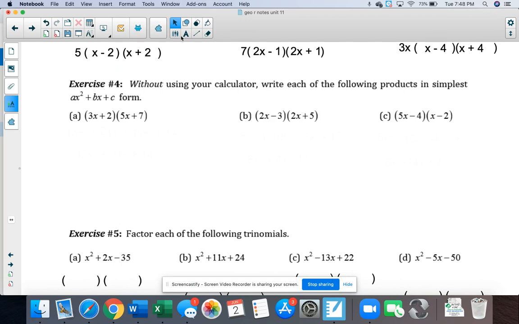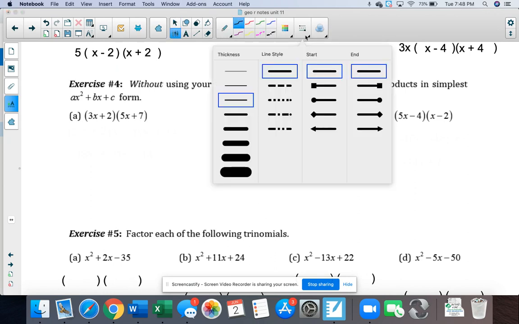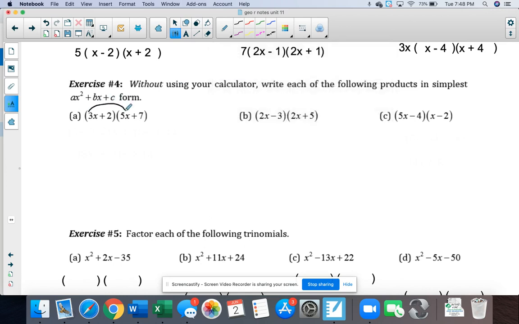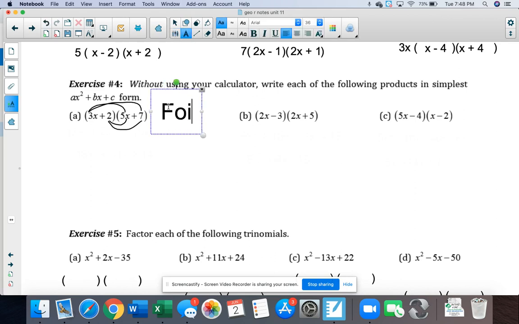Your teacher might have taught you this as foiling, doing the distributive property twice, but 3x times 5x, 3x times 7, 2 times 5x, and 2 times 7. So basically FOIL, first, outers, inners, last, your teacher might have taught you.